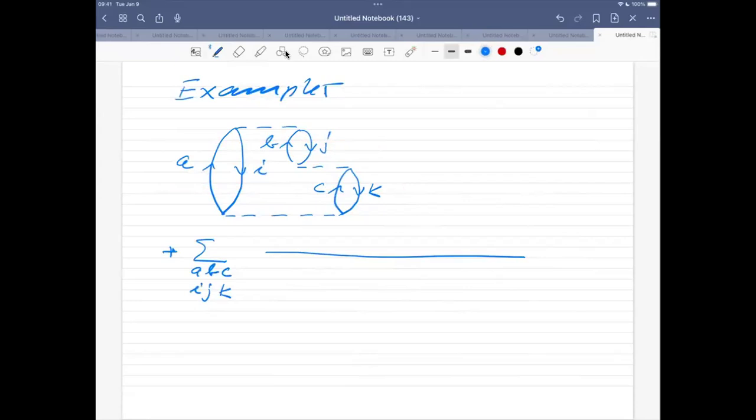If we do that, we are going to get two energy denominators. The first is epsilon I plus epsilon K minus epsilon A minus epsilon C. And then the next hole line gives epsilon I plus epsilon J minus epsilon A minus epsilon B.